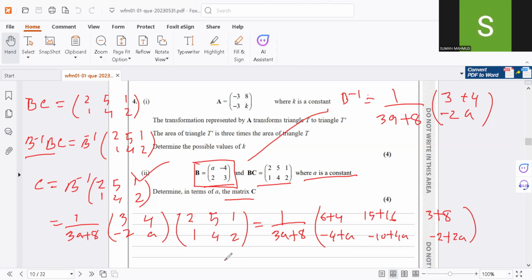More simplified, we can write 1/(3a plus 8) times the resulting matrix, with entries including 4a minus 10 and 2a minus 2. That is the final answer in terms of a.